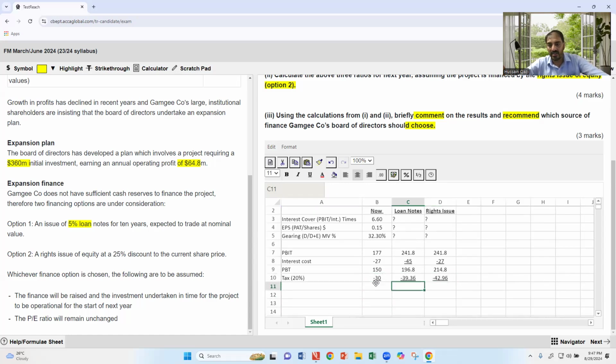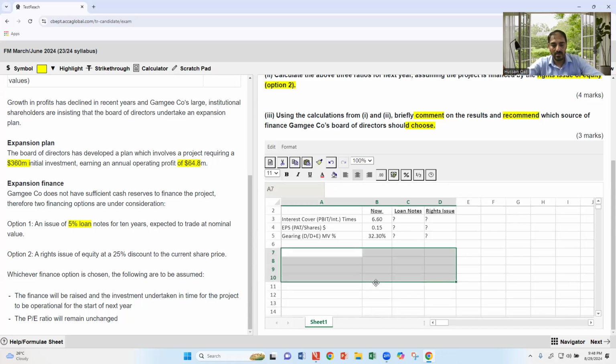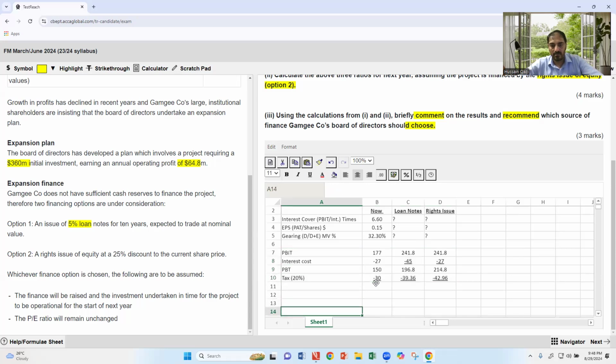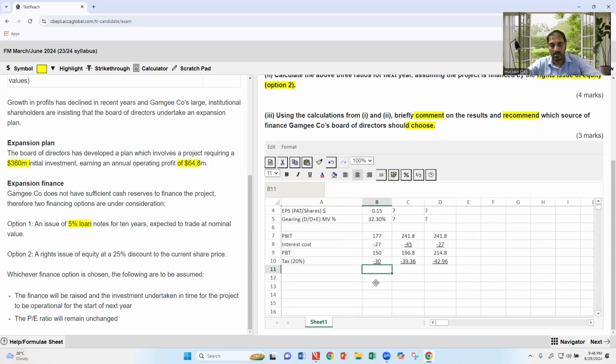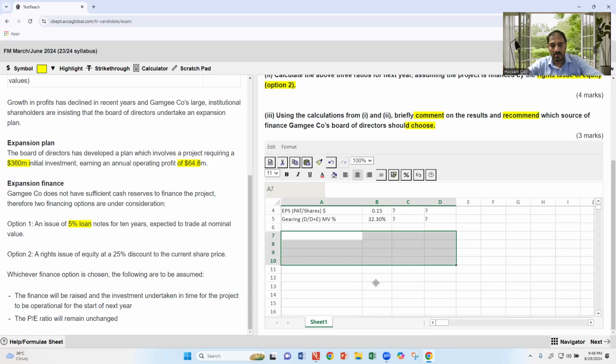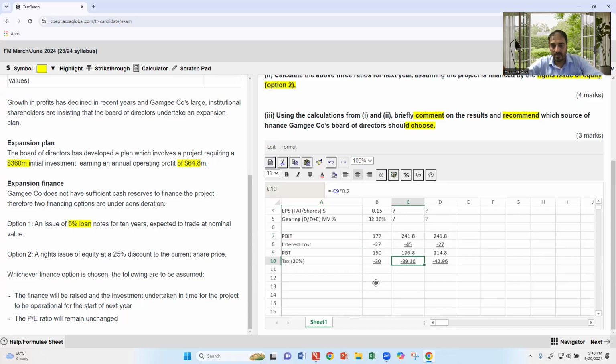Control C, control V. Once again, is equal to 150 multiplied by 20%, that's minus. That is minus 30.